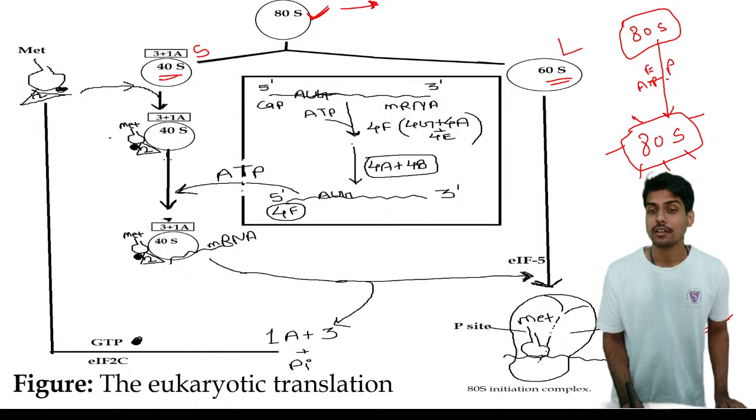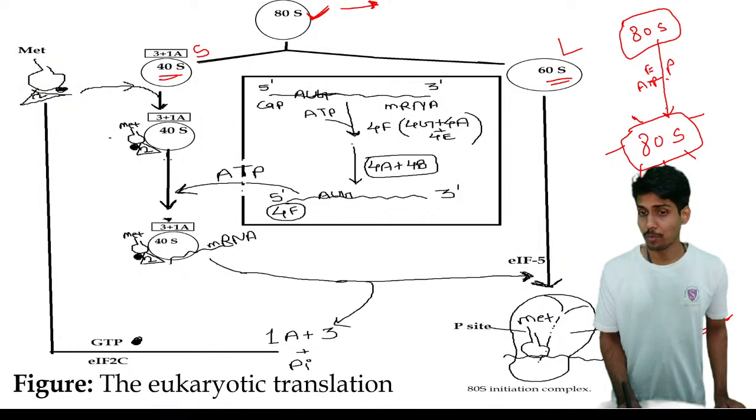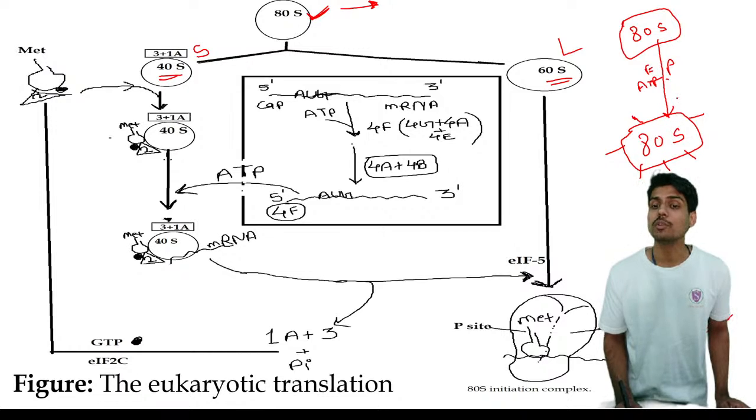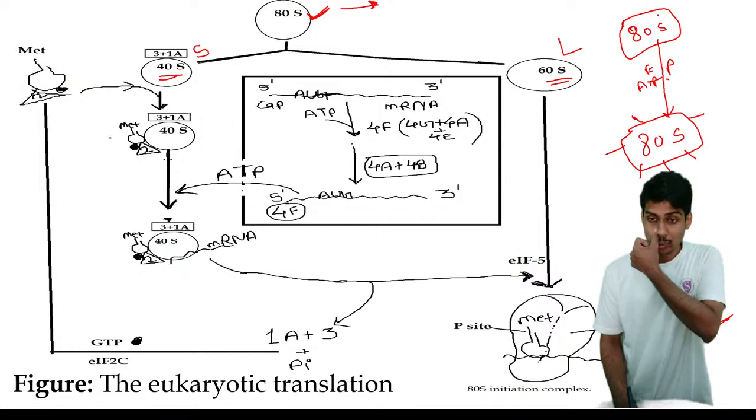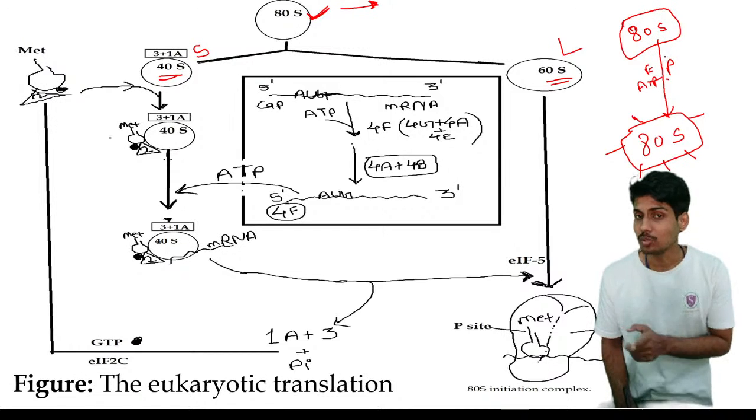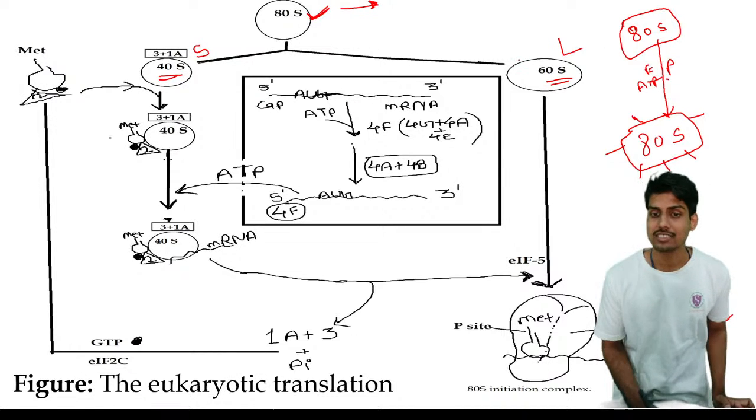But this formation of the functional 80S ribosomal unit is not going to occur if these 80S units are present as such. They should first be divided into their individual units, like this 40S and 60S.